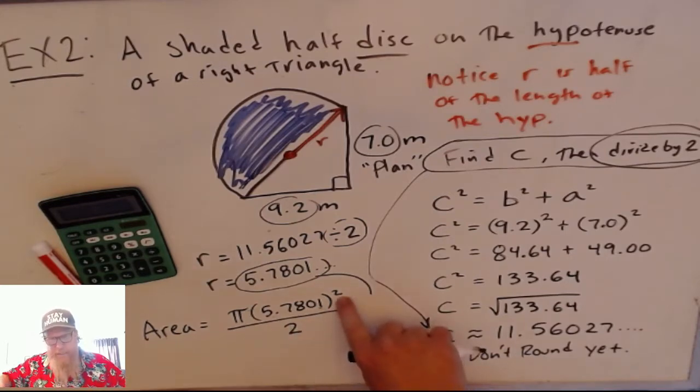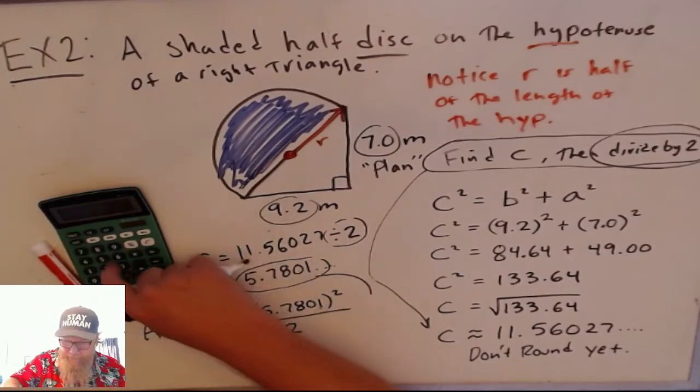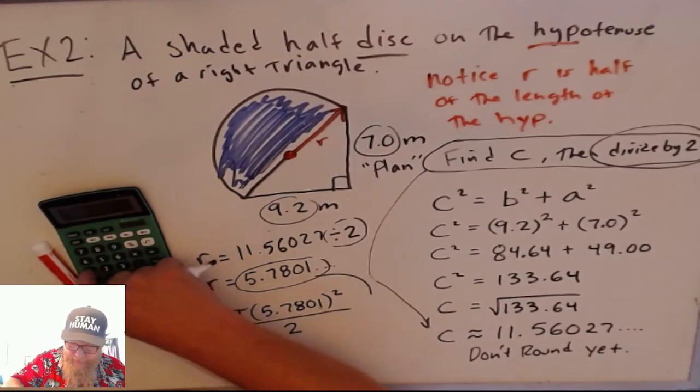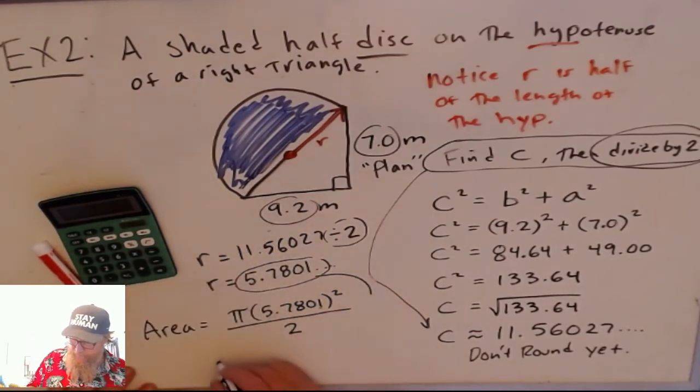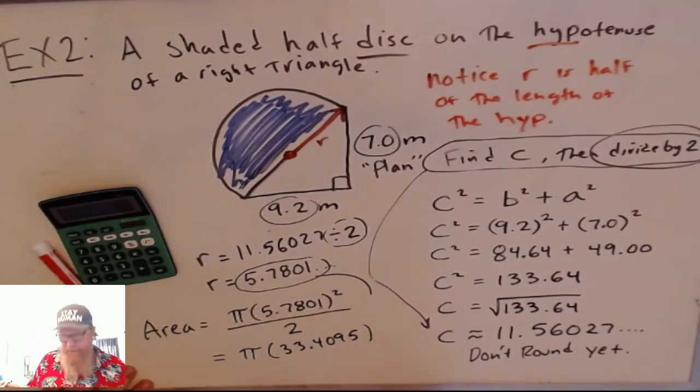But you do need to follow the order of operations. So first you're going to square that, 5.7801. I wish I had a fancier calculator today. So the area is pi times 33.4095, and then divided by 2.